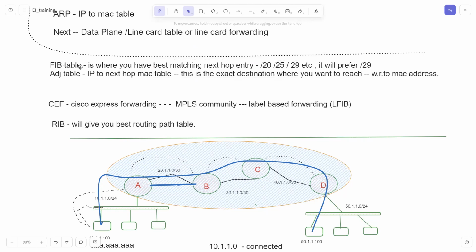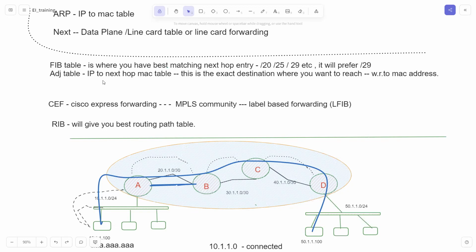The FIB table tells you exactly where you have to go, and inside the FIB we have the adjacency table. With the help of the FIB, the adjacency table is formed, which is the IP to MAC table, the exact flat you have to go to. The FIB may get you to the floor where you have 10 flats, which is much more specific than the routing entry, but with the adjacency table you get to the flat number.